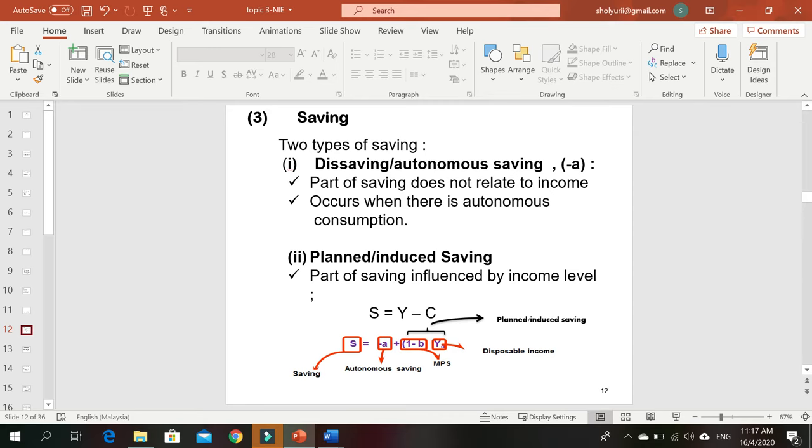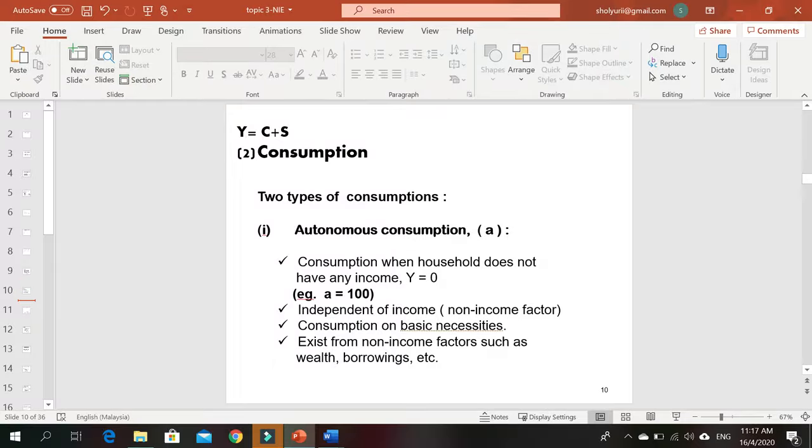So, bila you berbelanja daripada simpanan lama, apa yang berlaku pada simpanan you? Simpanan you akan jadi negatif. Tu je maksud dia. So, nilai autonomous consumption tadi, contoh dia bagi kat situ, A equals to 100. Nilai dia tetap. Dia tak ada function of income.